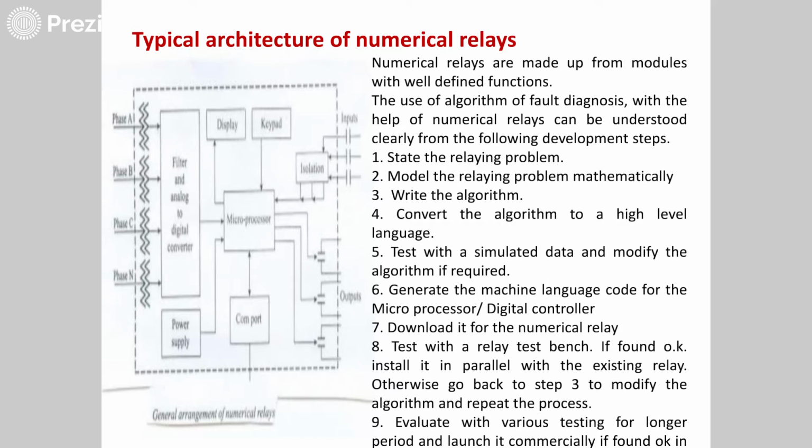The analog signals available from the current transformers and potential transformers can be converted into digital format. The signal should not contain frequency components greater than half of the sampling frequency. We'll come to that in the second part.